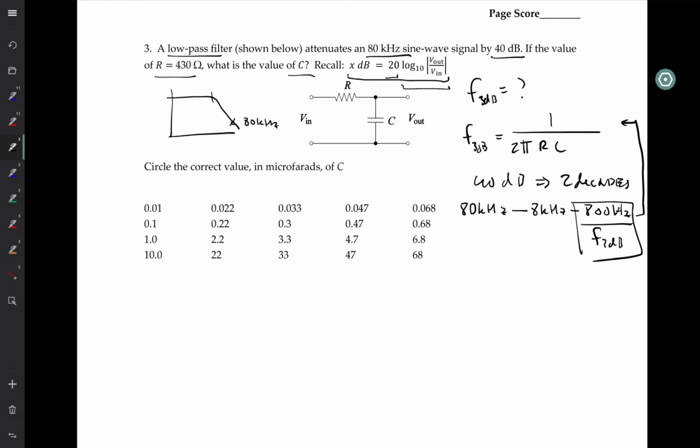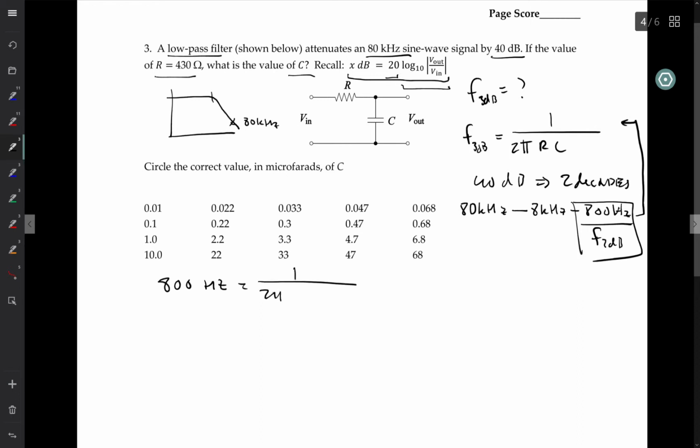If we wanted to find out what C was, I could say that 800 hertz is equal to 1 over 2 pi times R, which is 430 ohms, times my unknown C. And that means that C is equal to 1 over 2 pi times 430 ohms times 800 hertz.